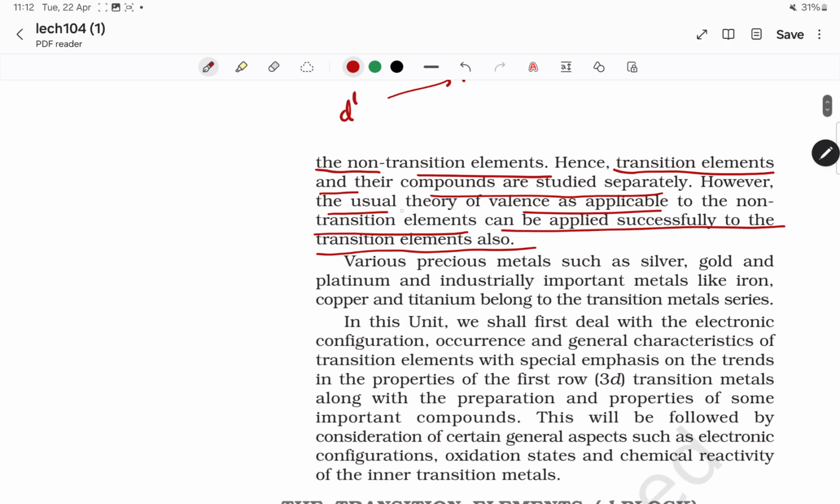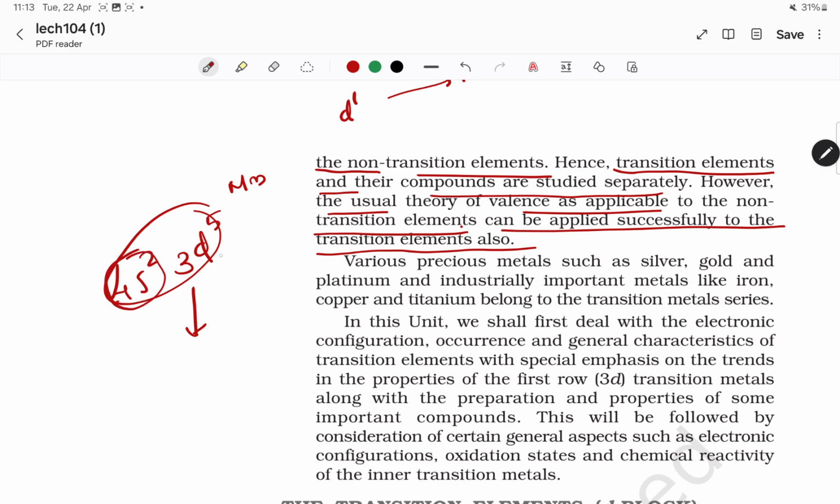For example, in the case of Mn, 4s2 3d5.